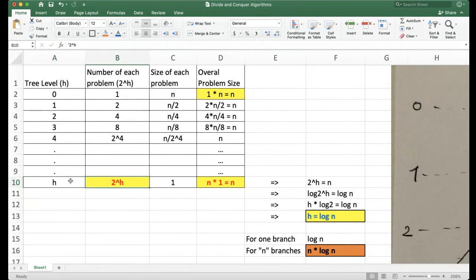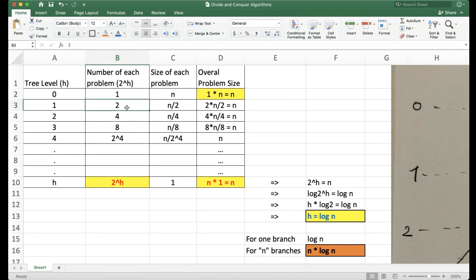So now let's look at this a little bit more in depth. When I'm at level 0, the number of problems I have is 1. So that means it's basically 2 to the power of 0, right? Because 2 to the power of 0 at this level is going to give me 1.